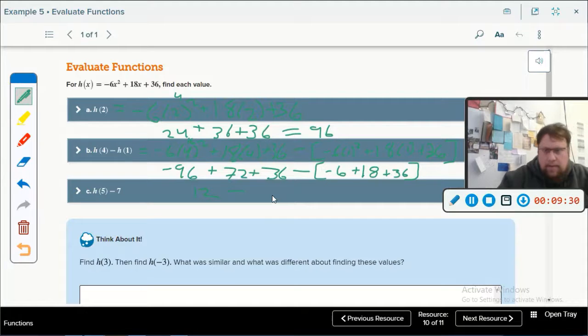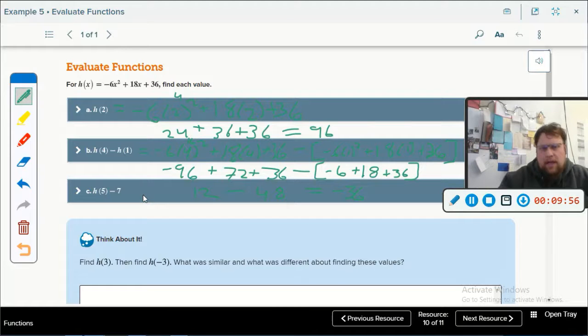We got negative 6 plus 18 plus 36, which is 48. And what's 12 minus 48? It is negative 36. I got to know if I did this right. Are you guys ready? Negative 36. Have this all written down. Pause me if you need to.